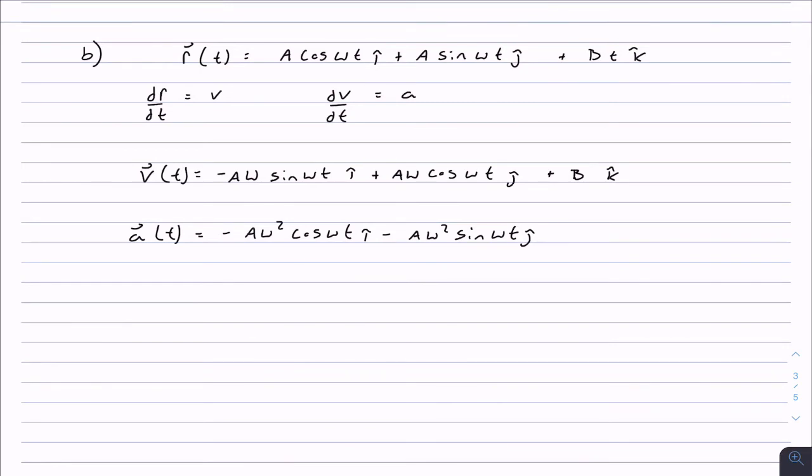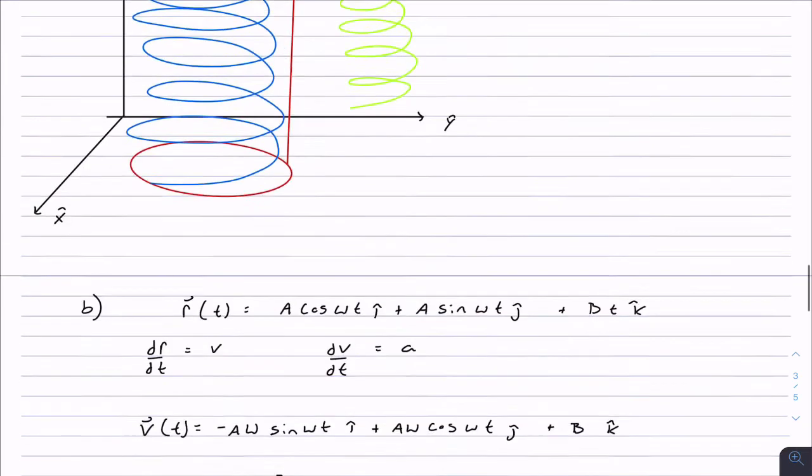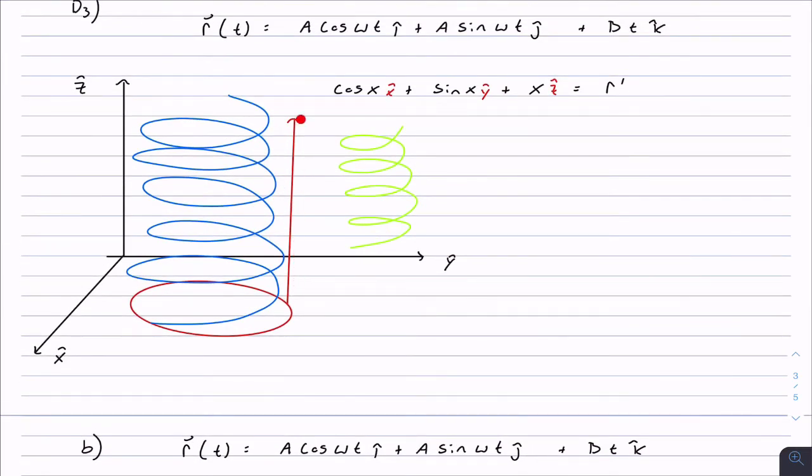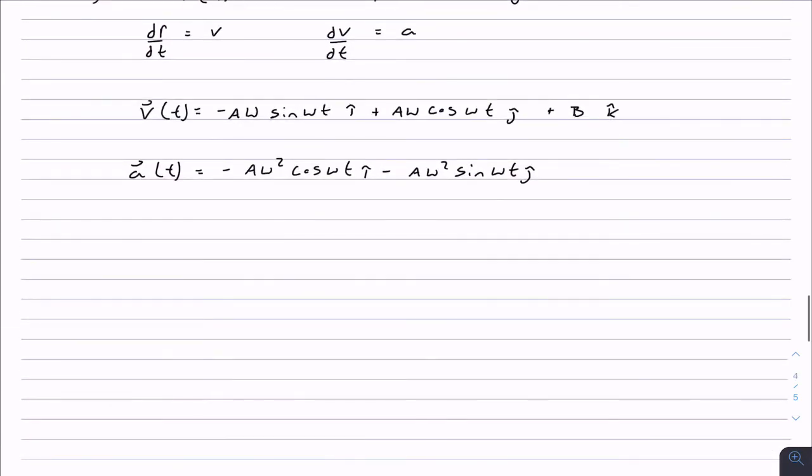And that makes sense because we're moving in a circle, so that's going to be consistent. This also tells us that this is a constant. There is no dependence on t here. This is just a constant motion straight up. There's no change in the velocity moving upwards. There's zero k hat direction in the acceleration. So that's part B.